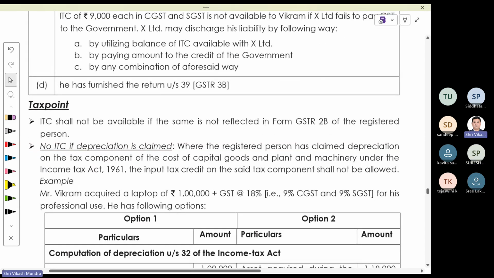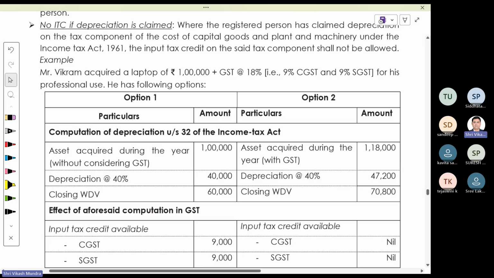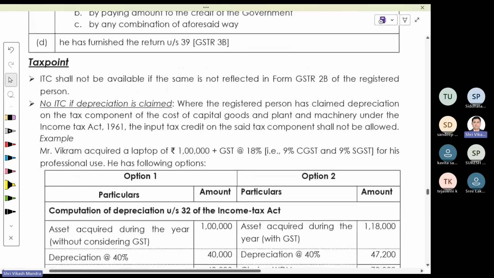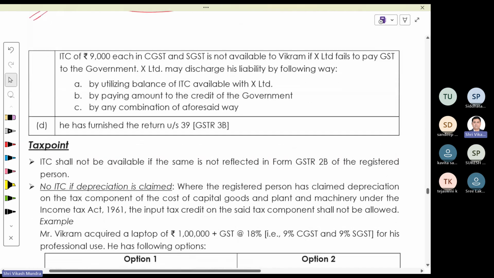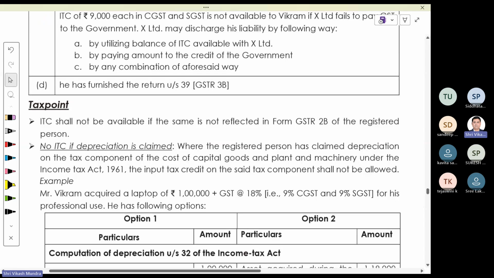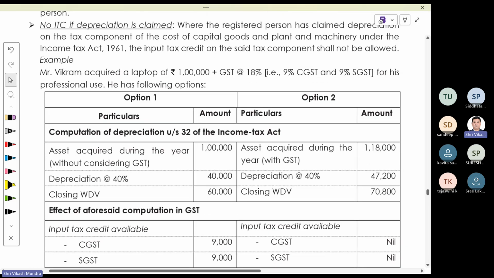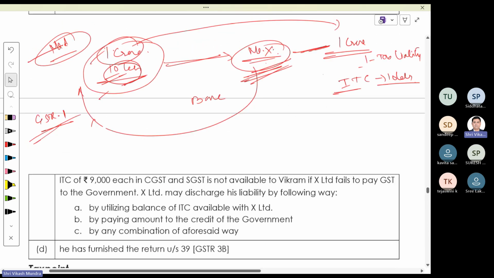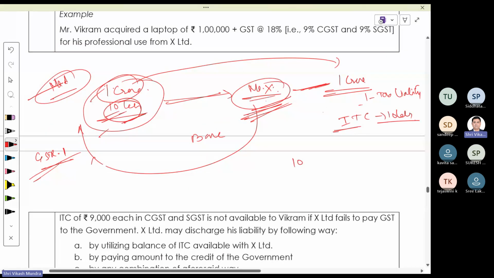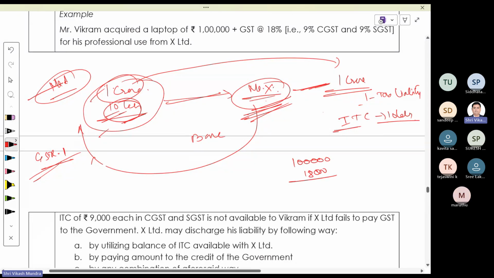Now further, ITC: if in income tax you are claiming depreciation on any assets acquired by you on the GST component, then ITC is not available. If you are not claiming depreciation on GST component, then ITC is available. That means you cannot get both benefits. For example, suppose I bought a laptop for rupees 1 lakh, on which 18,000 GST is there, 18% GST, total comes to 1 lakh 18,000. In income tax, there are two ways.